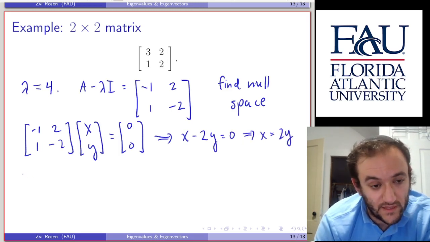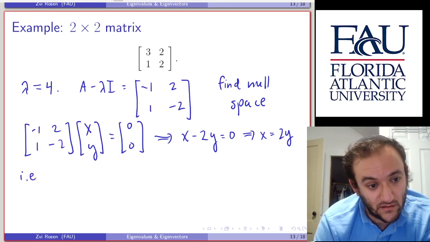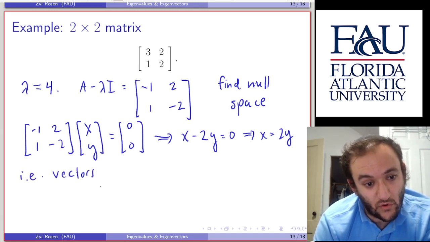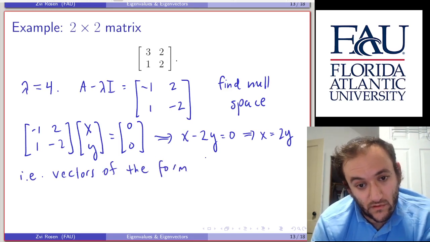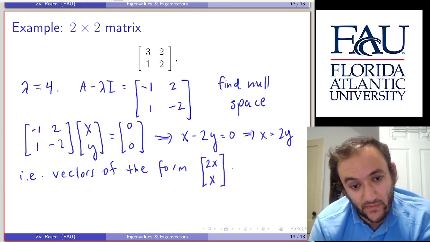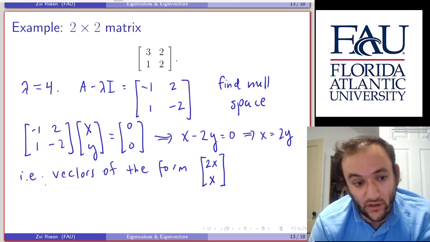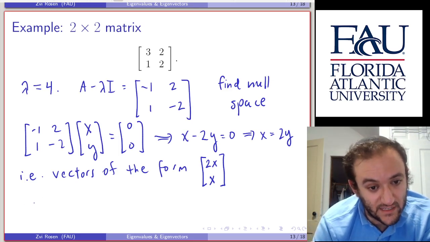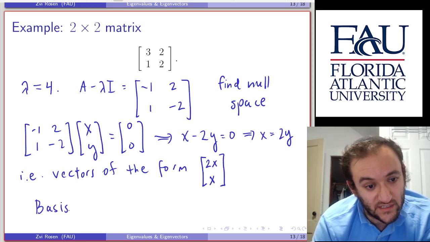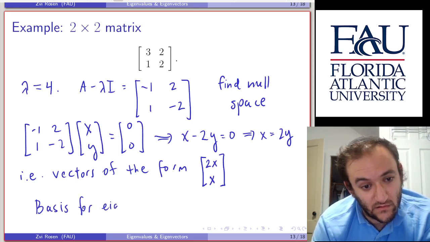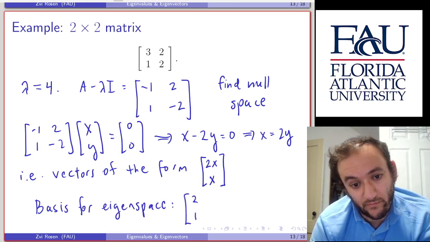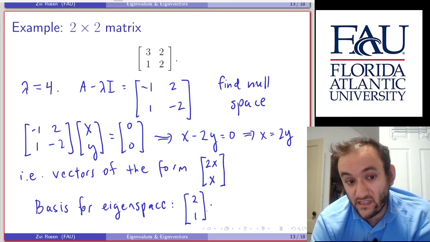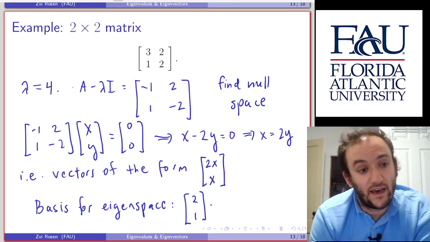So these are all vectors of the form (2y, y), which we could also have generated using the basis for the eigenspace (2, 1). Okay, and this is going to be the eigenspace corresponding to lambda equals 4.